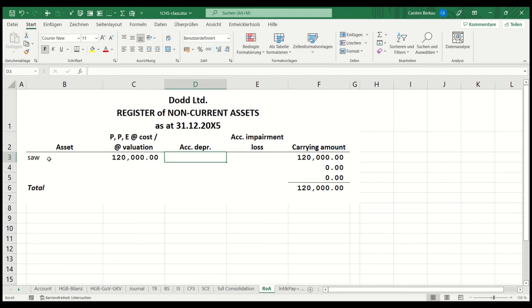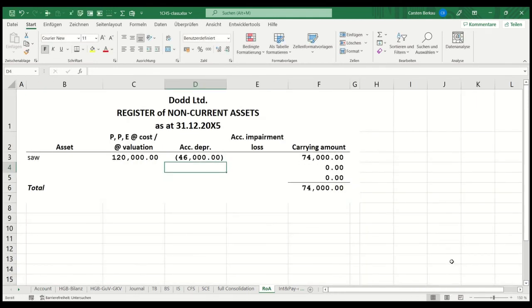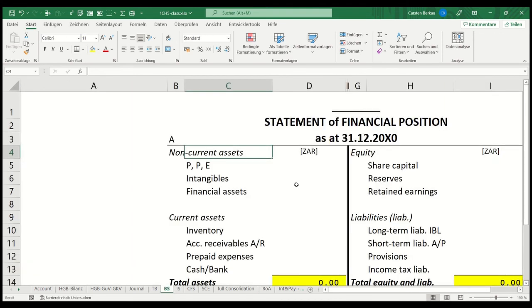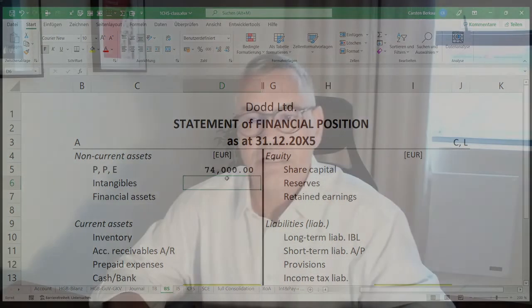So I take it just from the account, and it gives me the carrying value of 74,000, and that's the value we have to disclose on the balance sheet. So on DODD Limited's balance sheet, we disclose 74,000 as property, plant and equipment, which is after the depreciation. Now that you have seen the video, take the textbook and study the case.